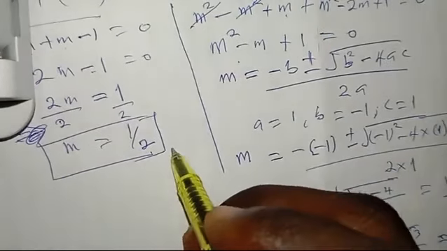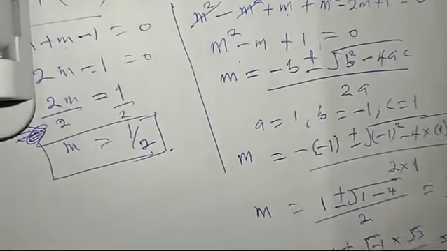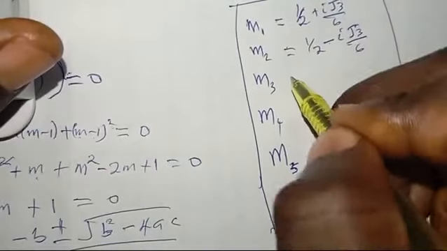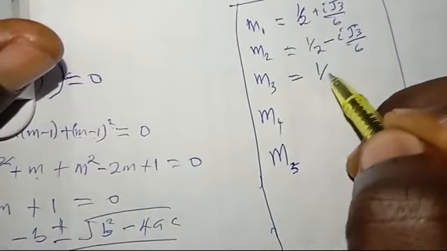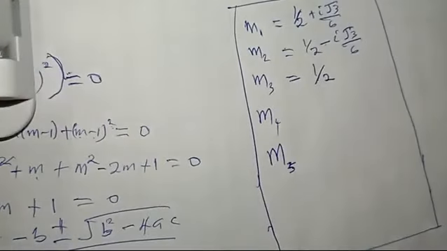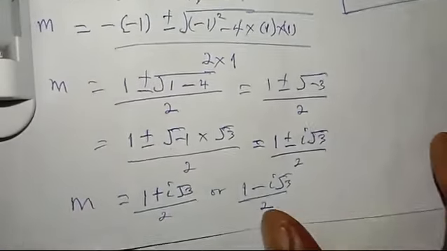And then looking at this place also, you see that this is the second value of m, that is m equal to 1 over 2. So I'm going to put it as m3. So this is m equal to 1 over 2. And then finally the last values of m which we've got are these.